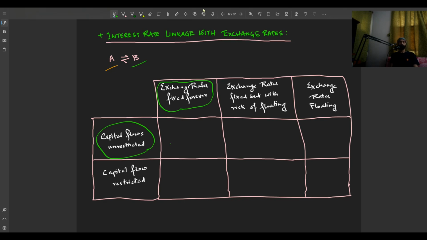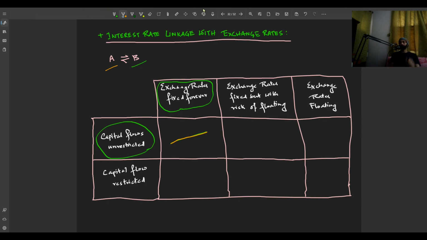If the yield curve in country B is like this, A's yield curve will just overlap it. So two conditions have to be fulfilled: capital flows have to be unrestricted, and exchange rates have to be fixed now and fixed in the future also.